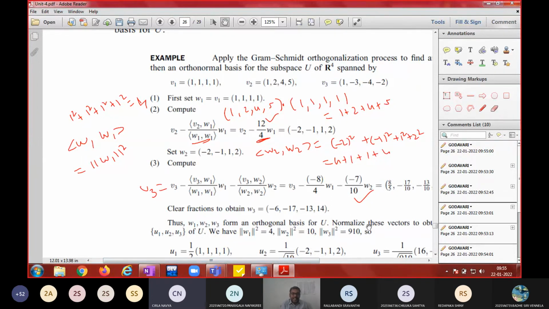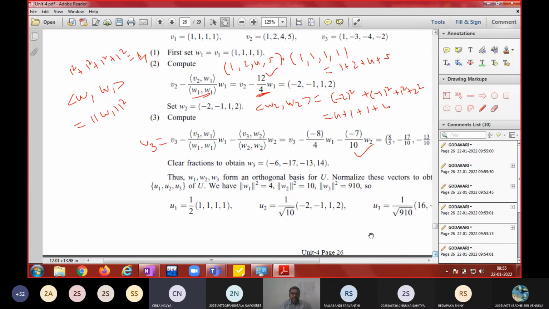If you divide each vector by its magnitude, the first magnitude is square root of 4, which is 2. The second magnitude is square root of 10. The third magnitude is square root of 10. So U1 is W1 by norm W1, U2 is W2 by norm W2, and U3 is W3 by norm W3.